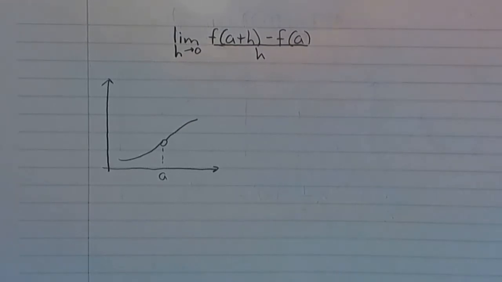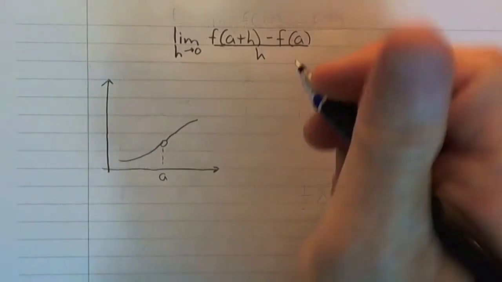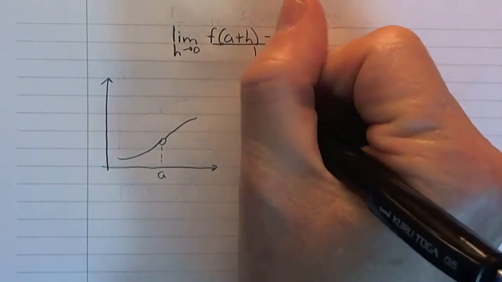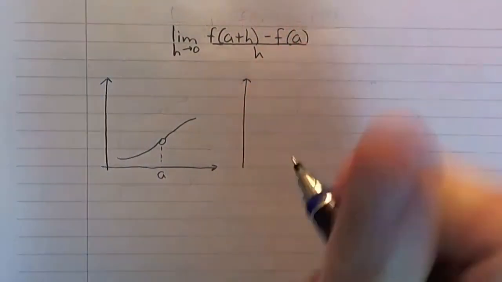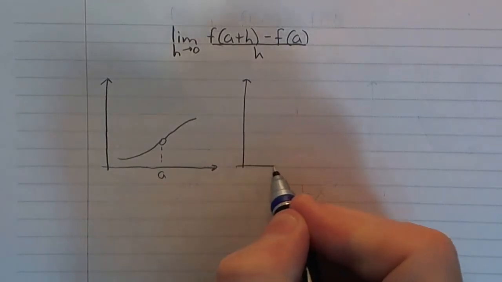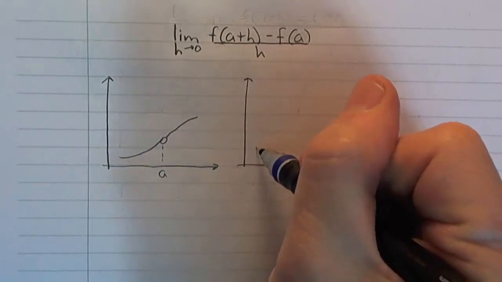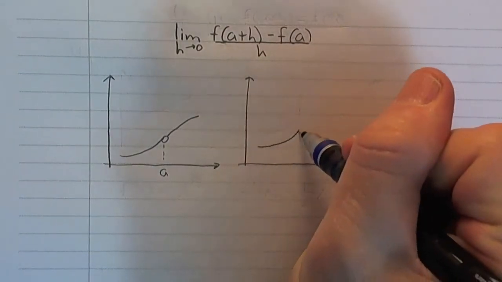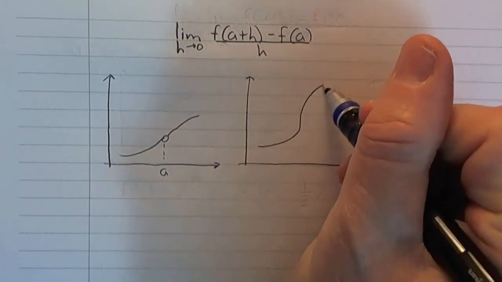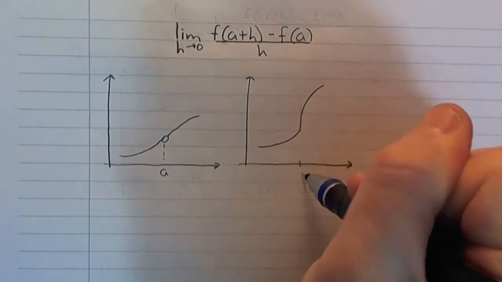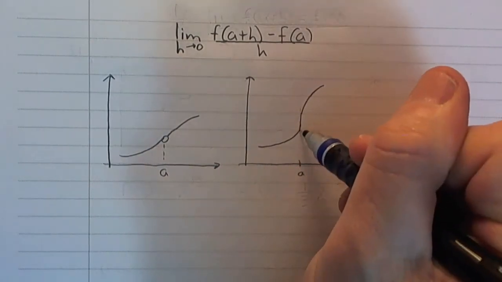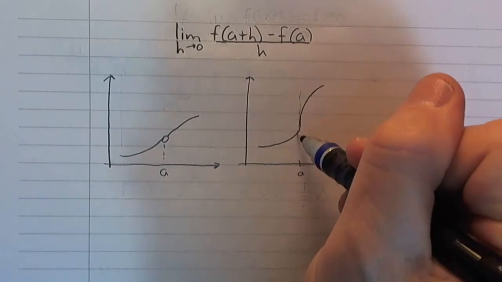Now, let's look at another situation where the derivative would not exist. Now, remember, when we talk about a derivative, we're talking about a slope of a tangent. So let's look at a curve like this. Now, right here at a, let's suppose we have a vertical tangent.